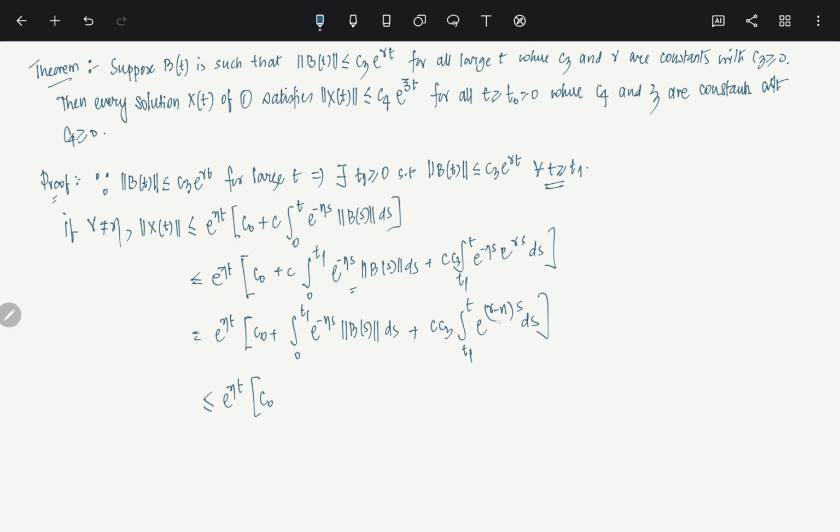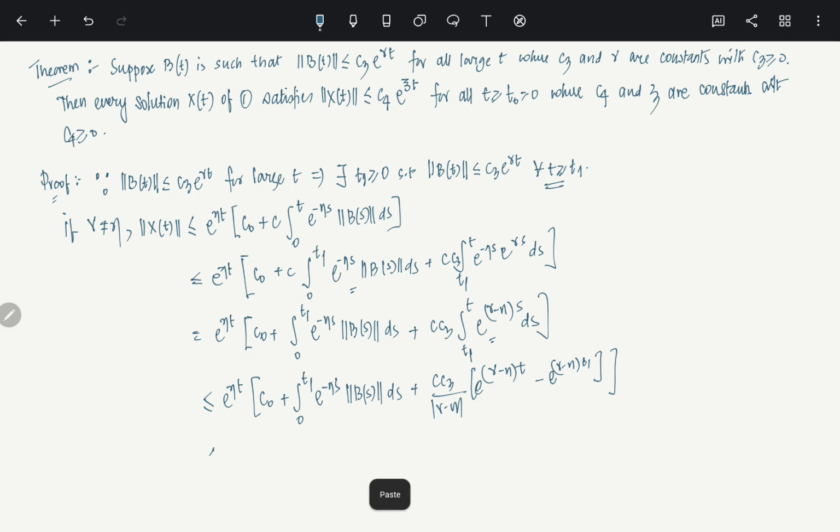This integral we just break it up, plus 0 to t1 e to the power minus eta s norm of bs ds, plus c3 by, and I will use the modulus here, so it's not a problem, gamma minus eta, e to the power gamma minus eta times t, minus e to the power gamma minus eta times t1. Clear? This is what I am going to get.